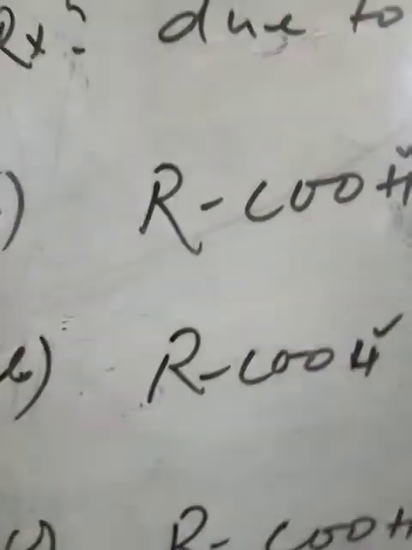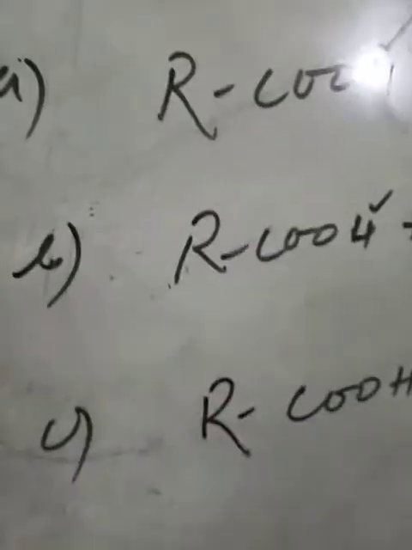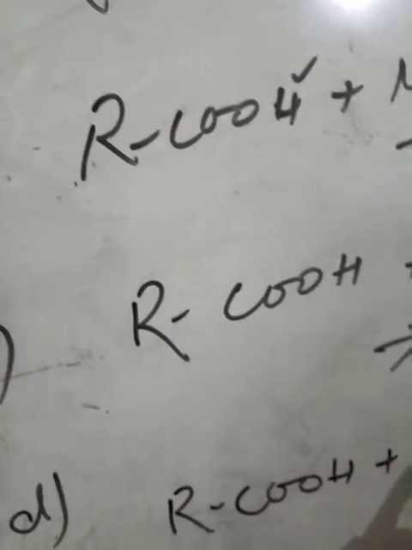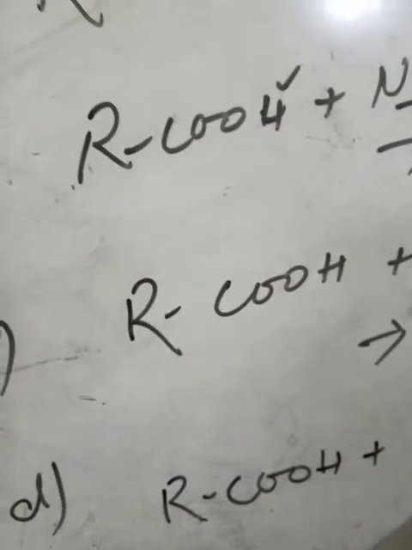These are the reactions. Another important reaction of the hydrogen atom of the carboxylic group is RCOOH plus CH2N2. This is an uncommon compound, diazomethane.